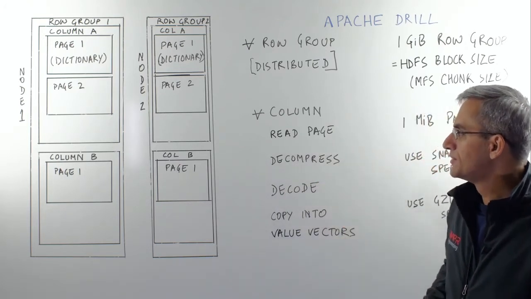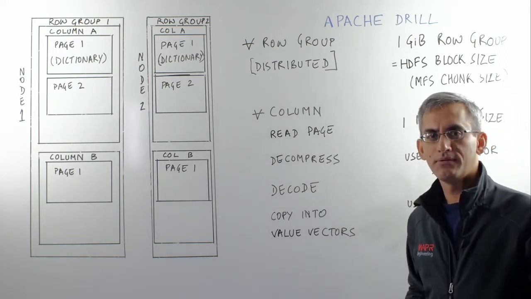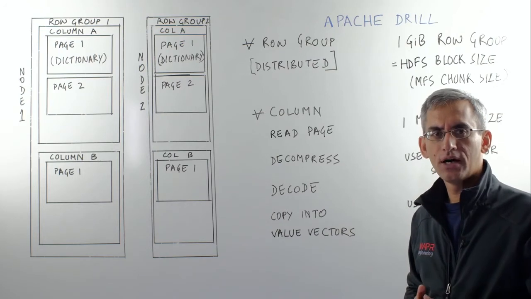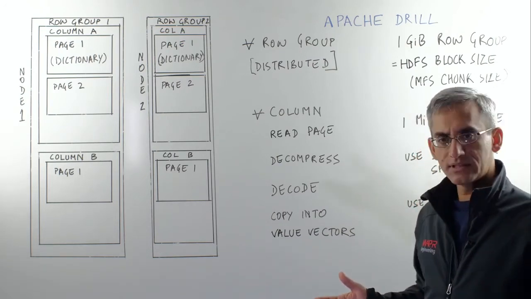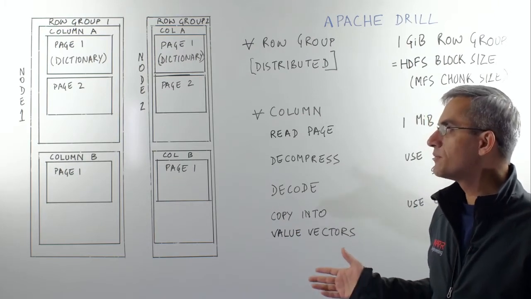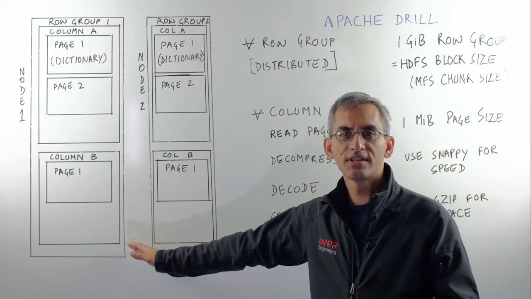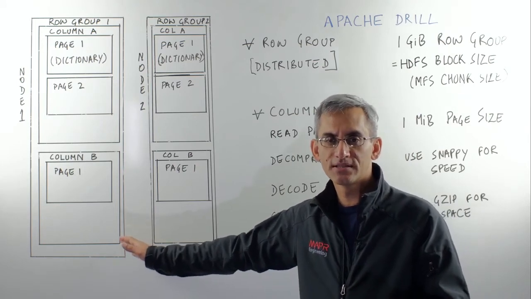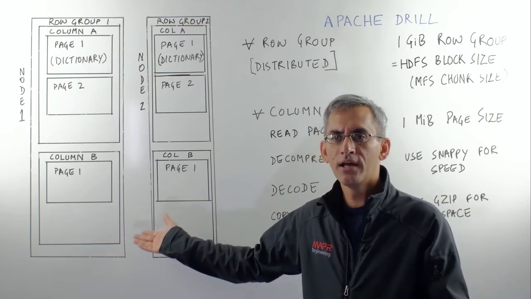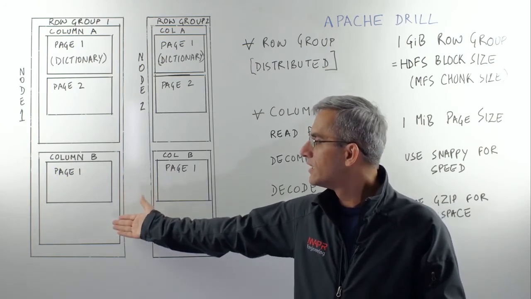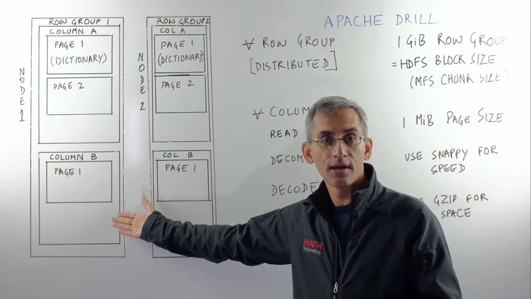So what can we do to make sure that Drill is able to take maximum advantage of how it reads a Parquet file? One of the things I already mentioned was that we try to make sure that a particular row group rests always on the same node. We want to make sure that the file system, which actually doesn't know that it's writing a Parquet file, guarantees that a row group is always on the same node.